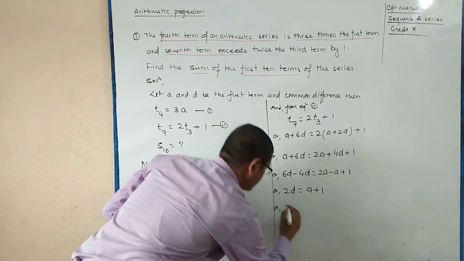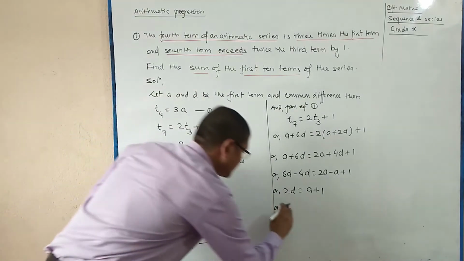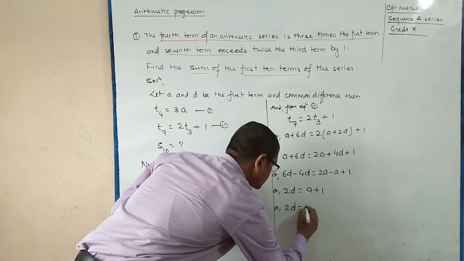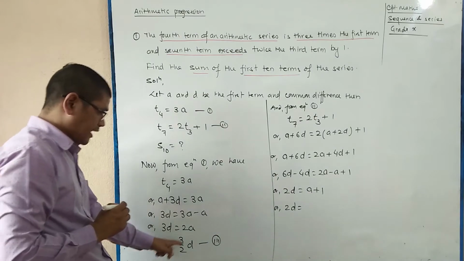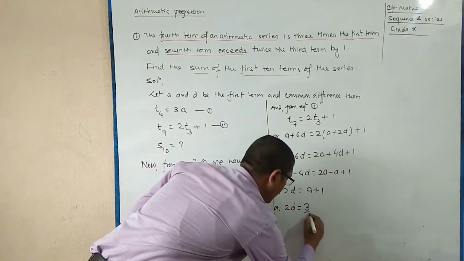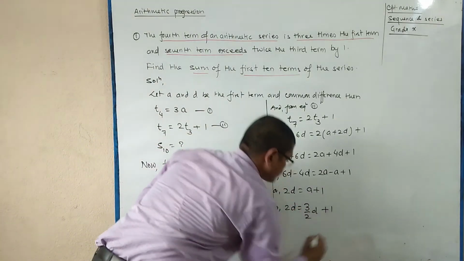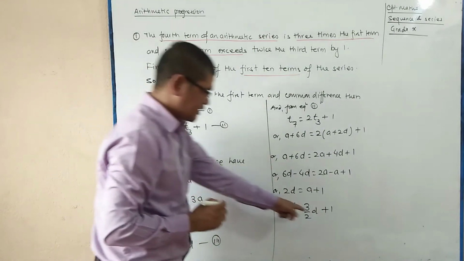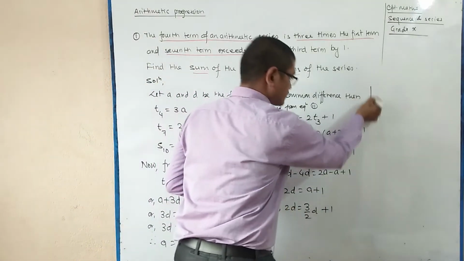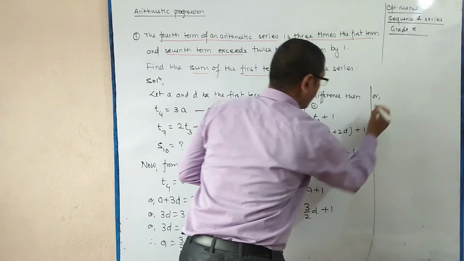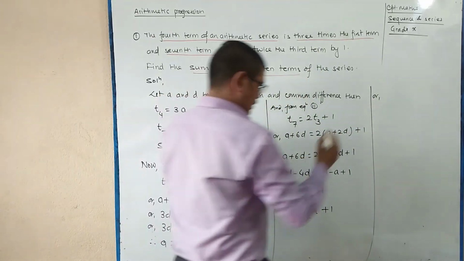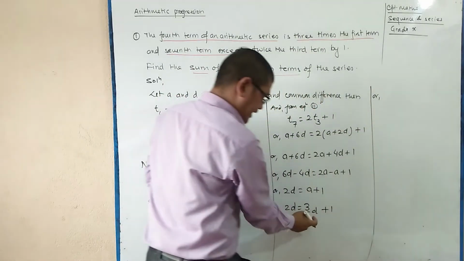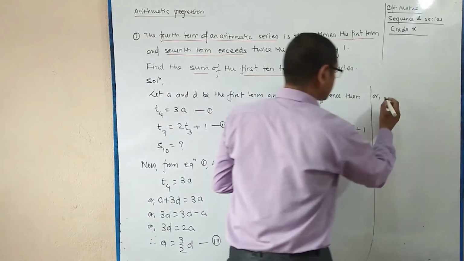Or 2D equals 3 by 2D plus 1. Now I'll take this left side, or we can take the LCM as well, no matter.